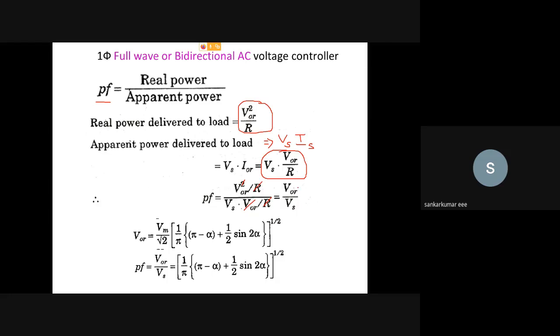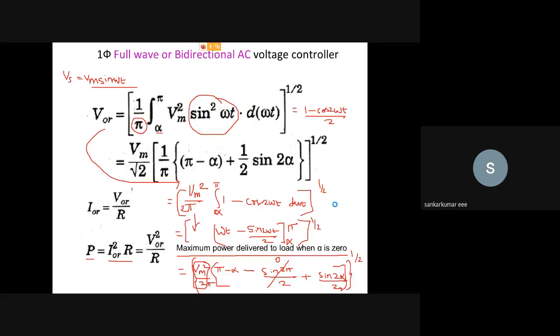V naught R is the RMS value of the output voltage and Vs is the RMS value of the supply voltage. So Vs will be the RMS value, so that can be written as Vm divided by root 2. Vm is the maximum value of the supply voltage.